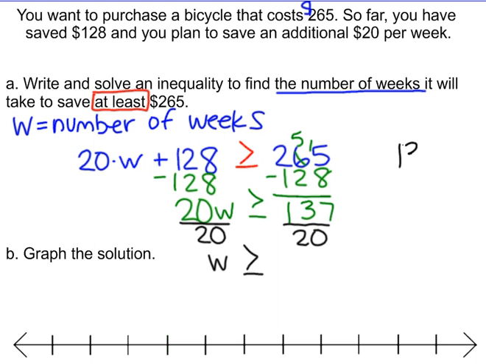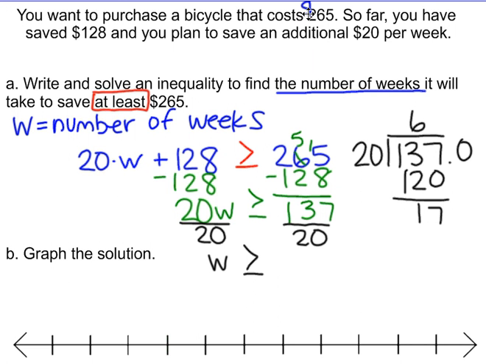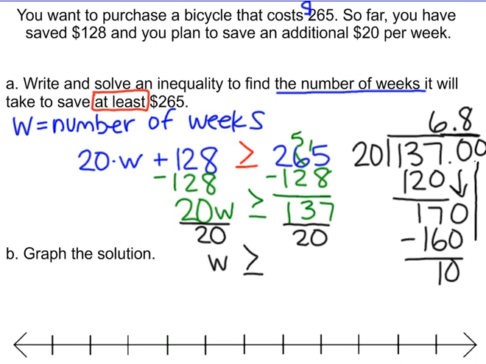And then we can do long division to figure that out. Add a decimal point with a 0. And then 20 goes into 137, 6 times. And then we'll need one more 0. 20 goes into 100, 5 times.